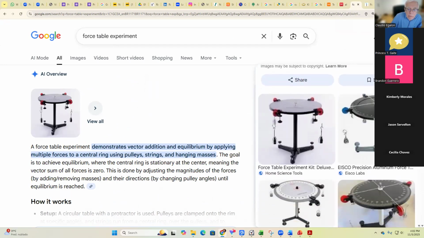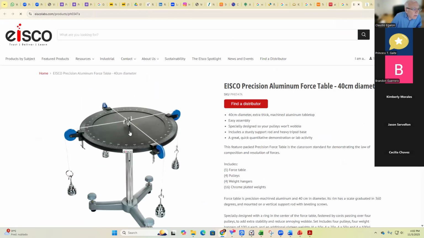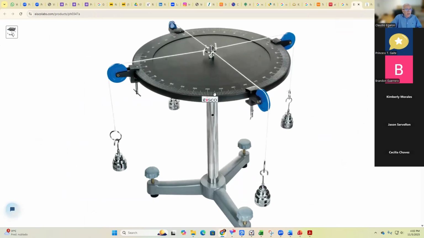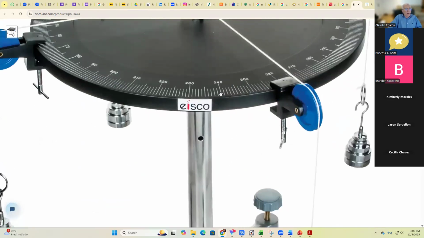Yeah, I can zoom in, right? This table itself has only 1 degree of resolution, but the one that we use there at LA Harbor has another division, with ½ degree resolution.